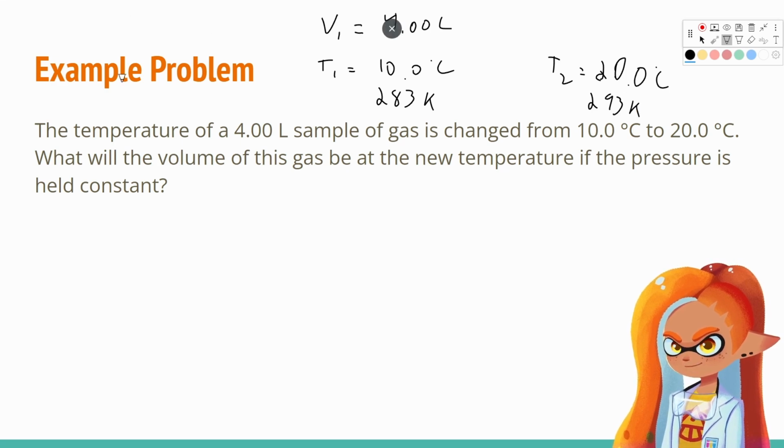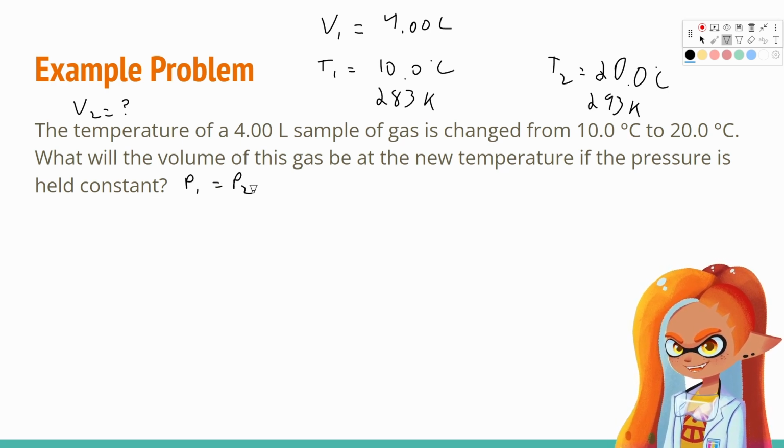And so I keep reading the problem and I see what information I have here. I notice it says, what will the volume of the gas be? So that's going to be my unknown. So V2 is my unknown. It also says the pressure is held constant. Since it's held constant, that means P1 equals P2. So I'm going to go ahead and take the combined gas law.